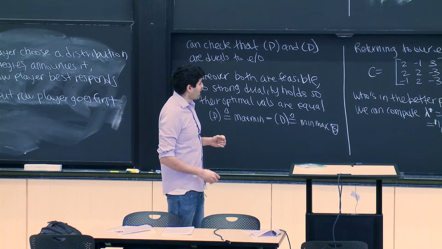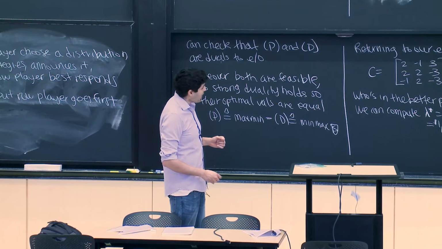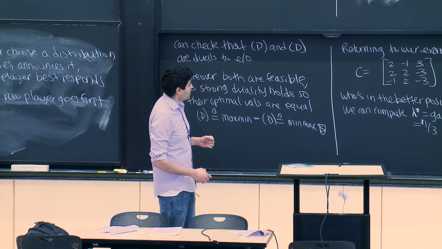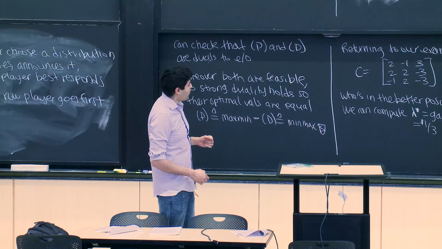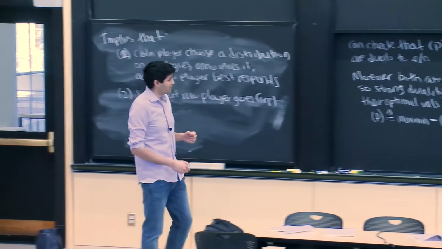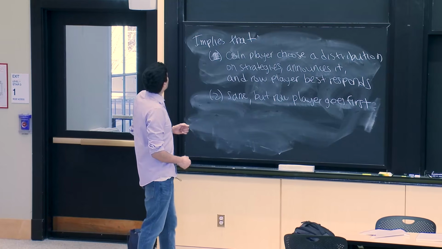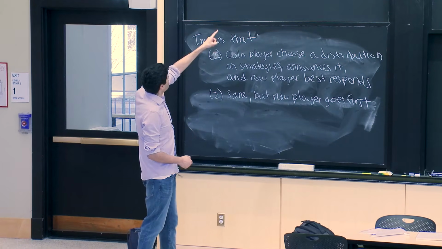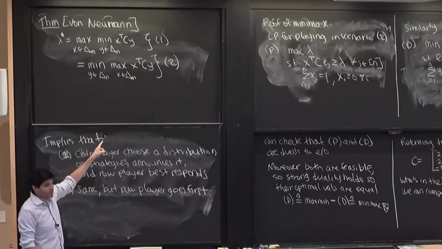So let me briefly mention, this is way beyond the scope of this class, but one of the reasons this is my favorite result, at least in the things I teach in undergraduate classes, is actually my PhD thesis started in some way from this.